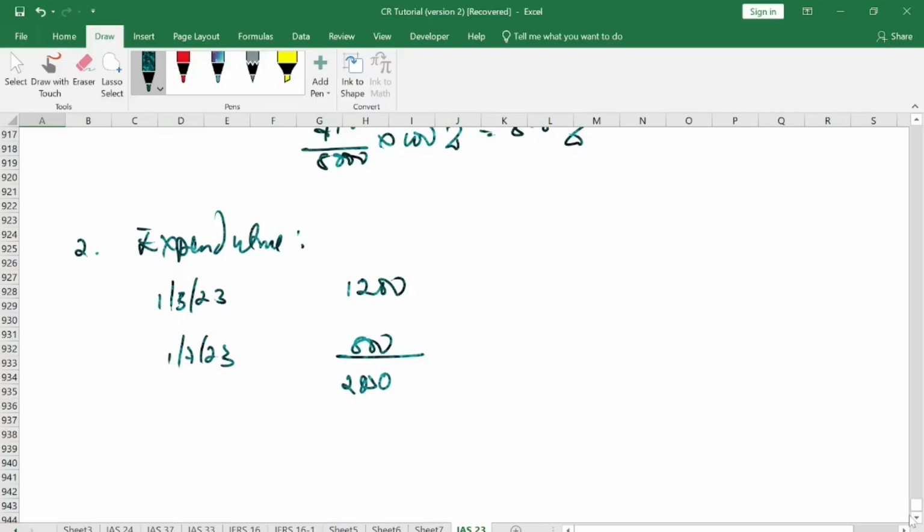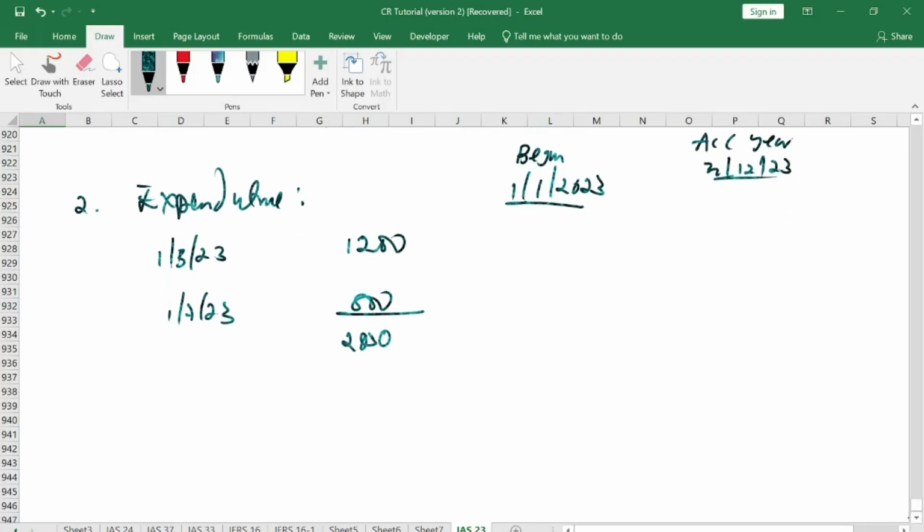The project began on 1st January 2023, right? And you are accounting as at December 2023, your accounting year end being 31st December 2023. So how do you do your capitalization?